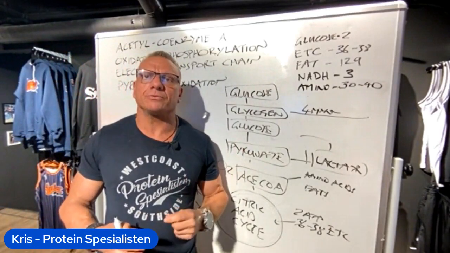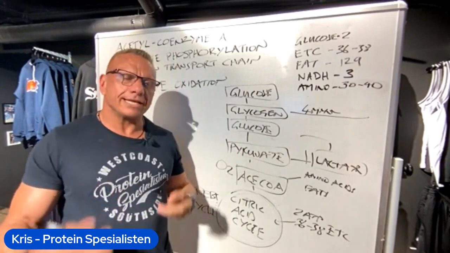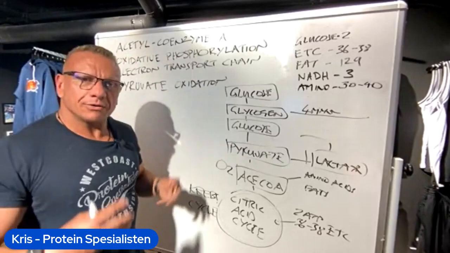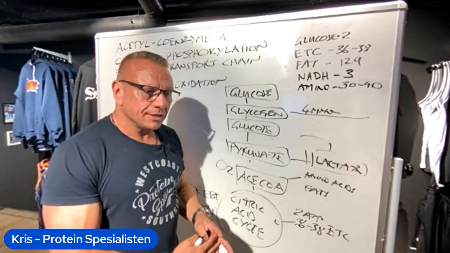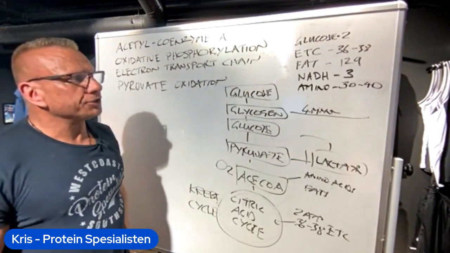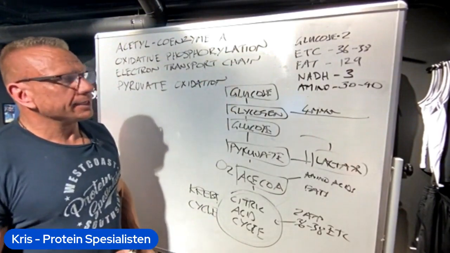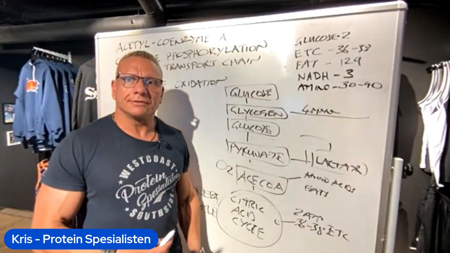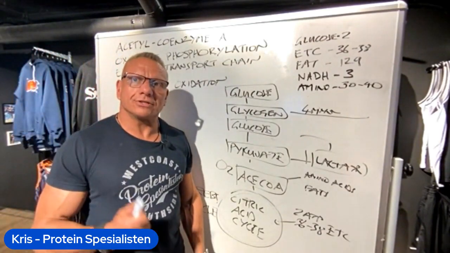people say you hit your second wind. It's not the second wind, it's that you've now gone into the citric acid cycle, and all of a sudden, boom! Look at that. It's close to 200 ATP in a run revolution. That's a lot. That's a lot of energy.